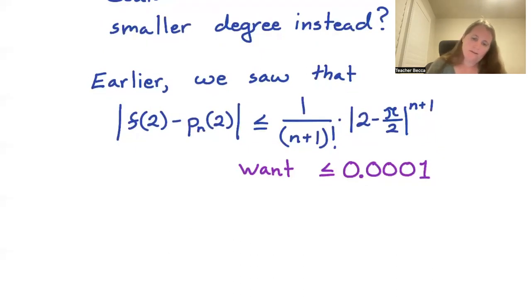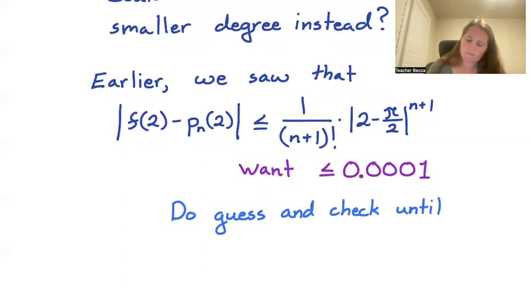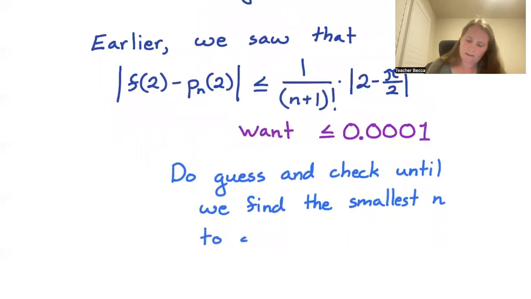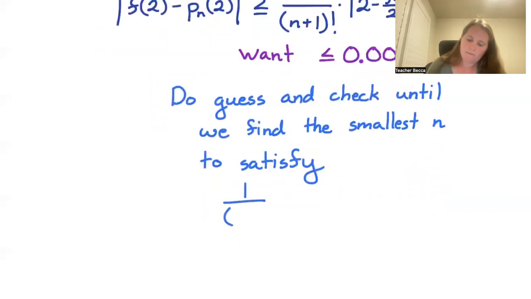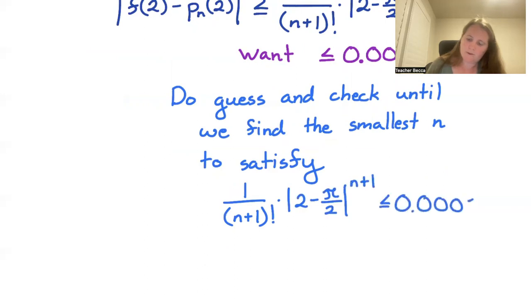So again, we do guess and check until we find the smallest n to satisfy the inequality: 1 over n plus 1 factorial times the absolute value of 2 minus pi over 2 raised to the n plus 1 is less than or equal to 0.0001.